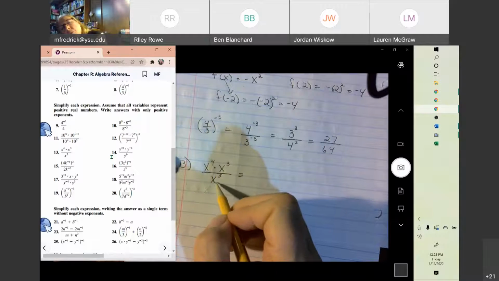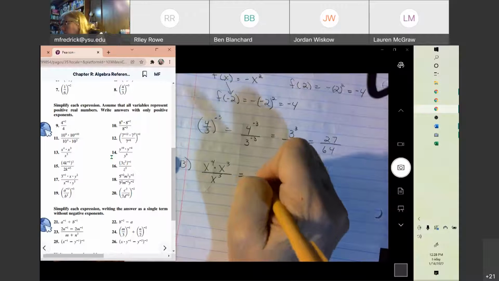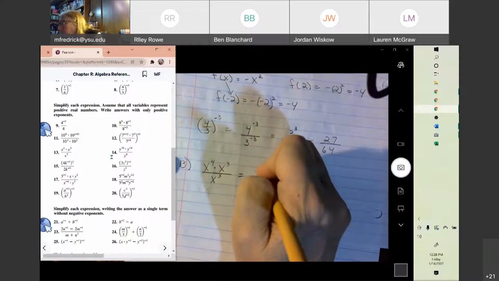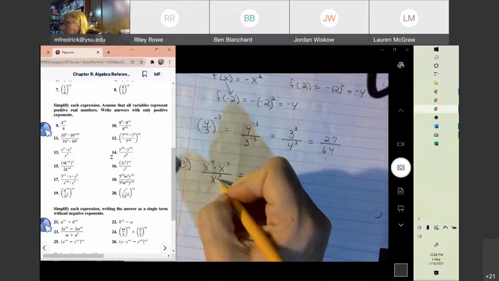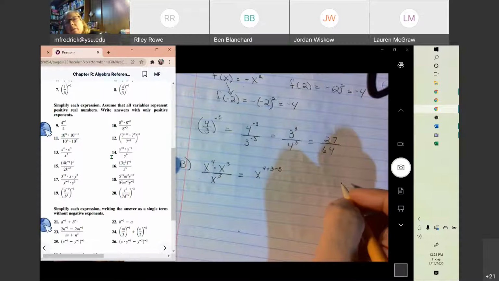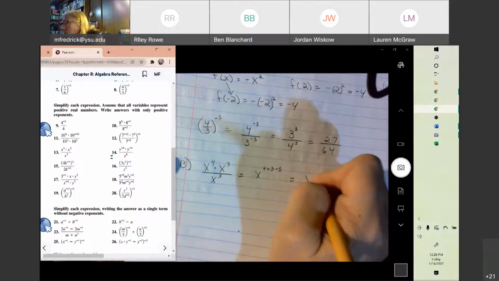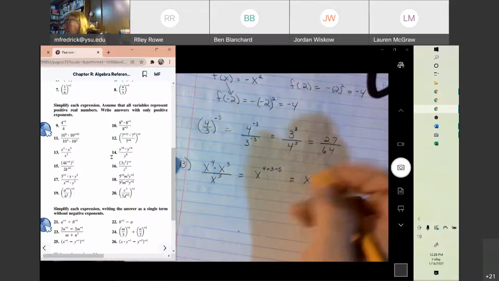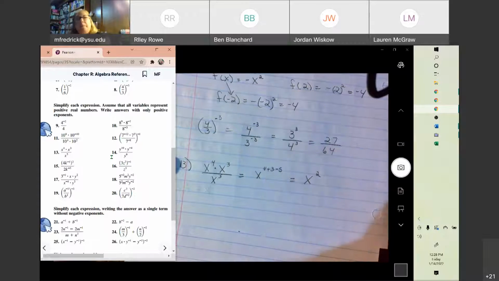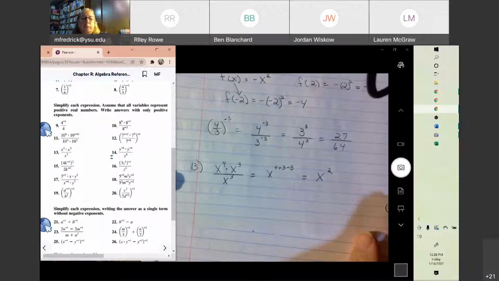When you're dividing, you subtract. And if you want to do it all at once, you could. These are being multiplied, so 4 plus 3. And then this one's in the denominator, so minus 5. Seven minus 5 is 2, so x squared. Any questions on that?